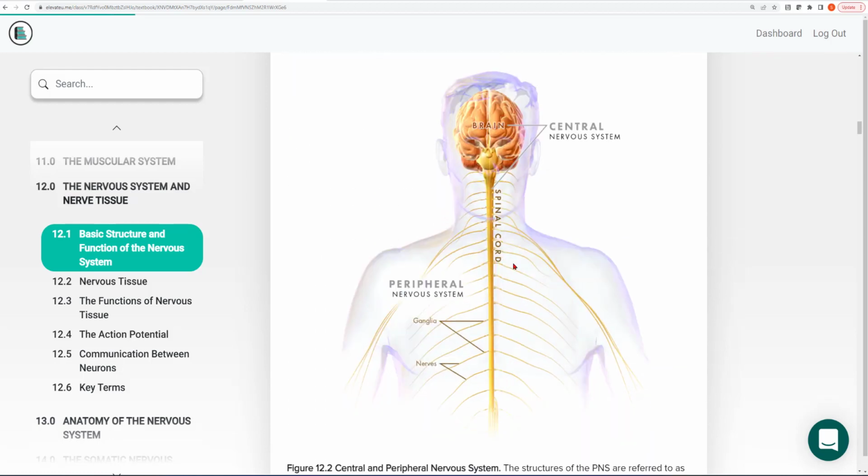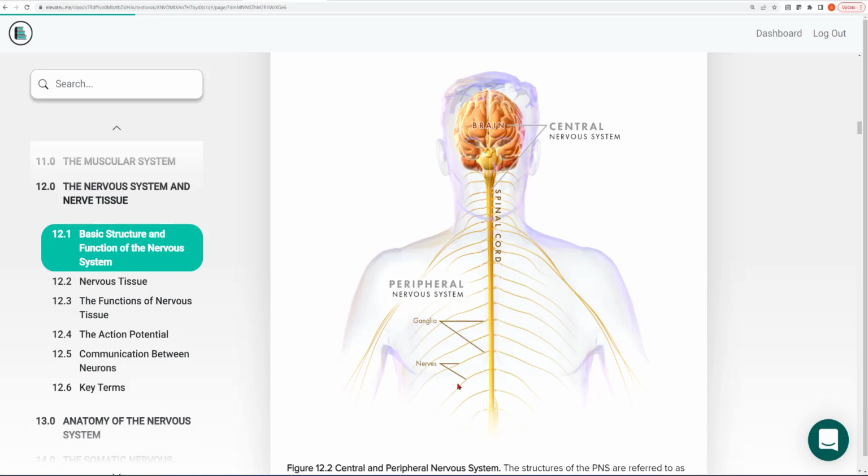Looking at this diagram, we can see that the brain and the spinal cord, just the spinal cord, is part of the CNS. Everything that pops out of the spinal cord and travels out into the body is going to be part of the peripheral nervous system.